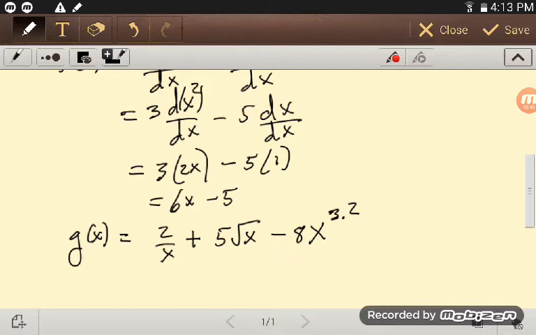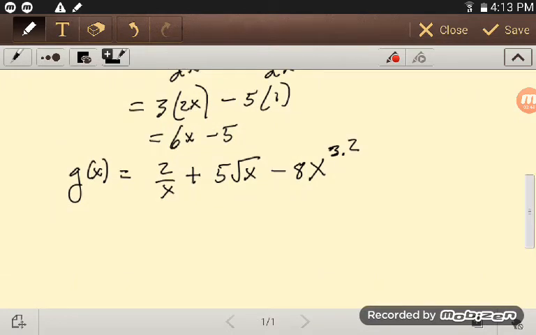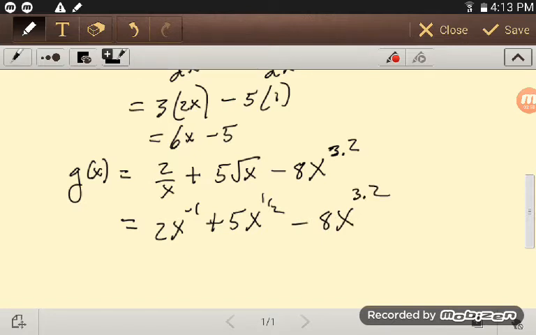Why not? All right. So here again, this is equal to 2x to the negative 1 plus 5x to the 1/2 minus 8x to the 3.2.